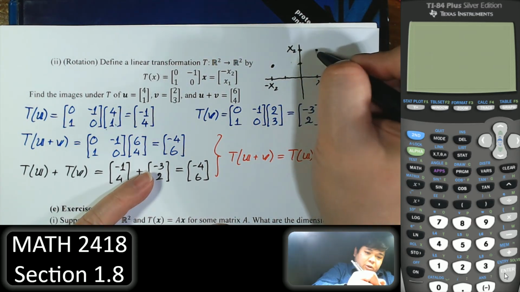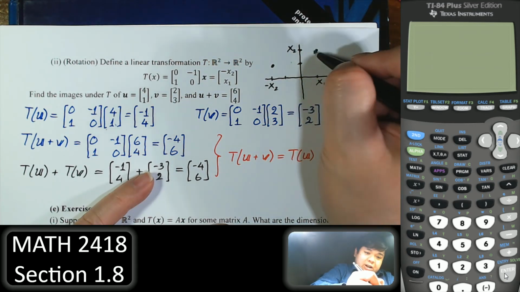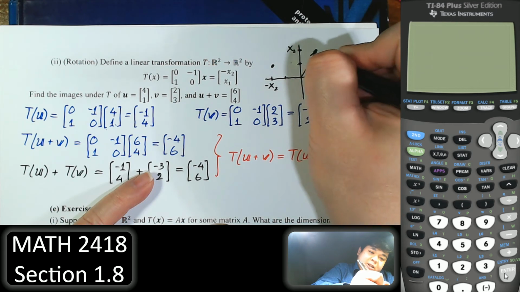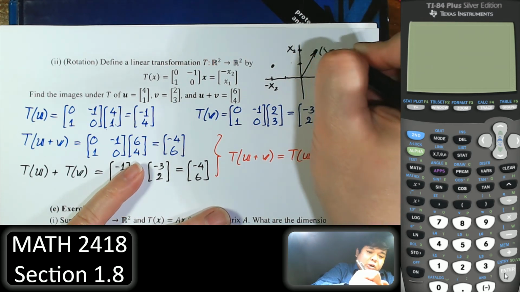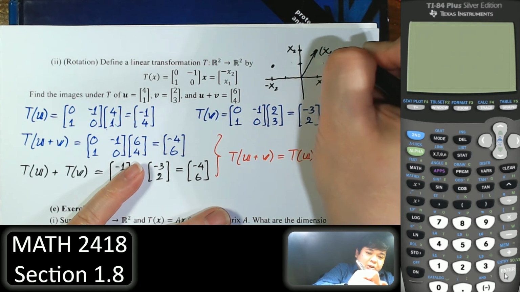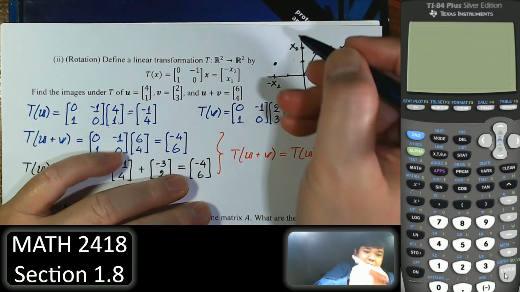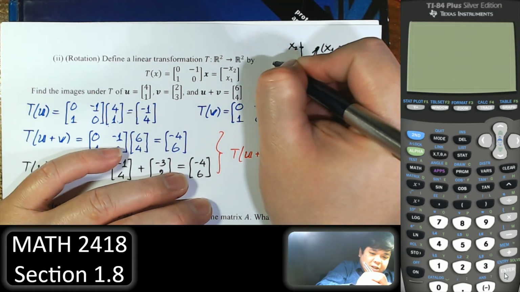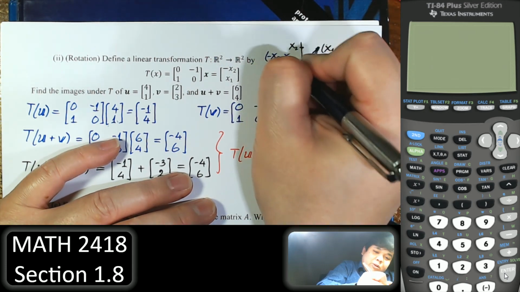So it transforms this vector into this vector. This is the original point x1, x2. The image is going to be this, -x2, x1.